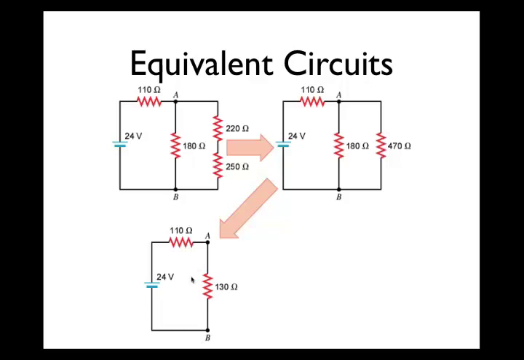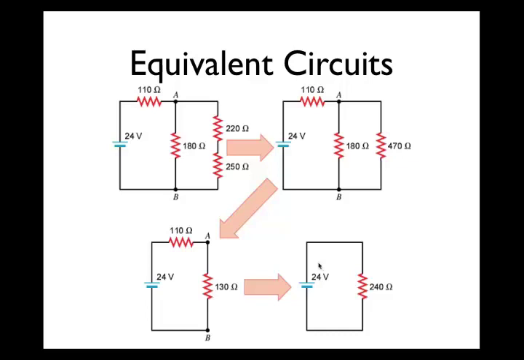Now that we have the 2 resistors, we say, okay, these 2 that are left are now in series with one another, because the same amount of current would have to pass through them. Series resistors add, so there must be 240 ohms of total resistance in this circuit connected to a 24-volt battery.